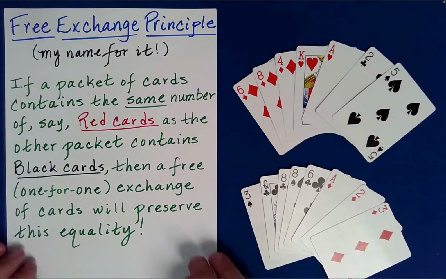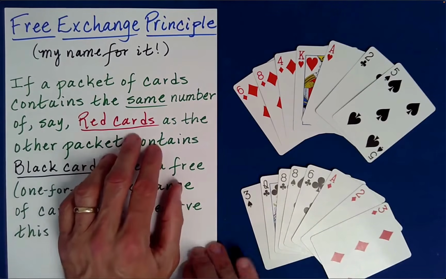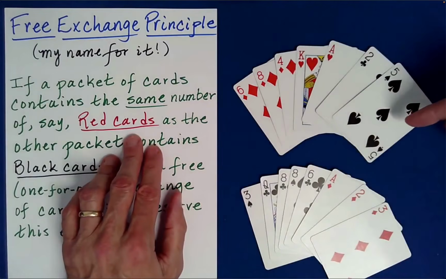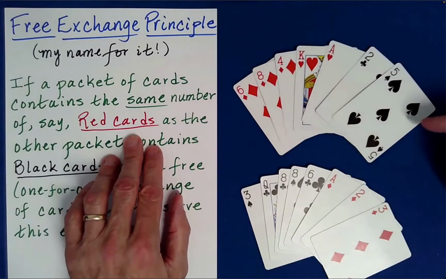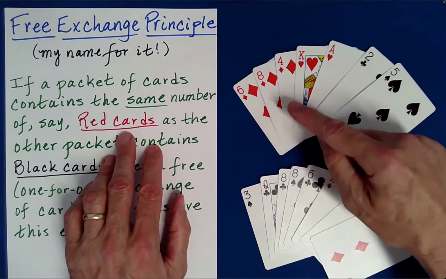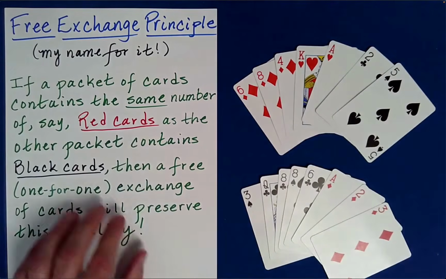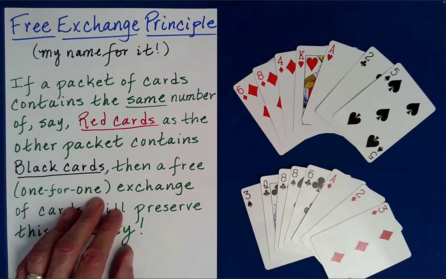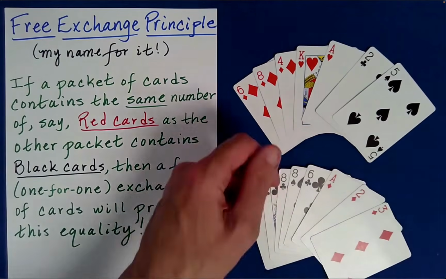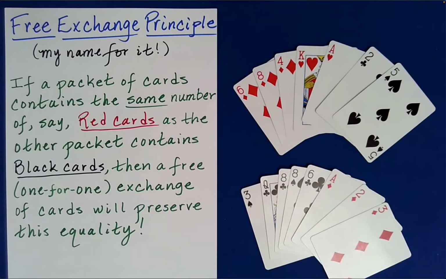Now, what we're claiming is if this packet, let's say, has the same number of red cards, 1, 2, 3, 4, 5, as the number of black cards in the other packet, 1, 2, 3, 4, 5, then when you exchange a card 1 for 1, it will not change that equality.